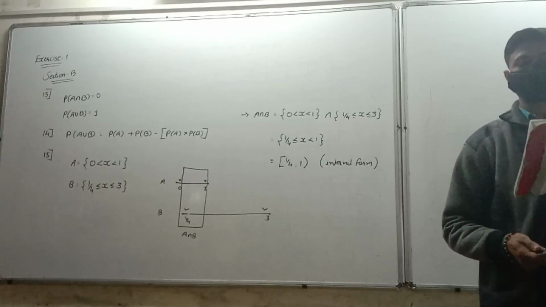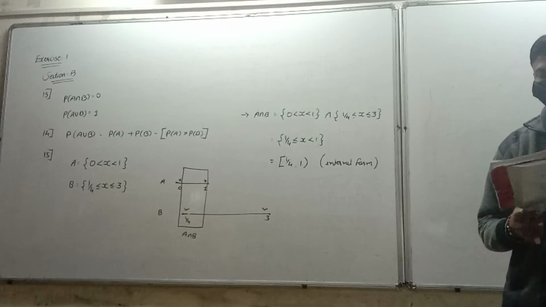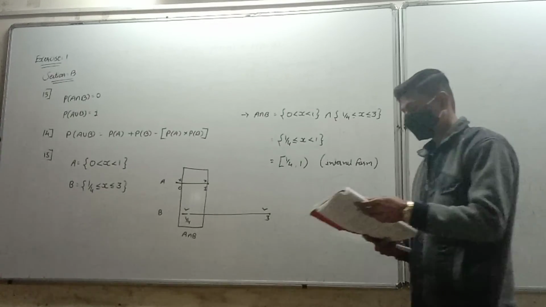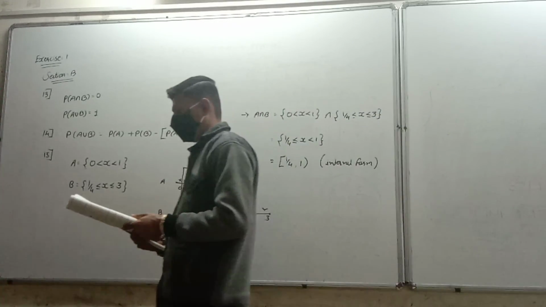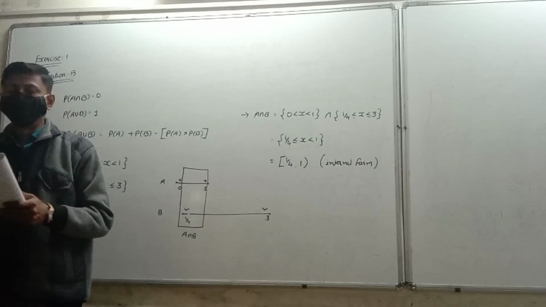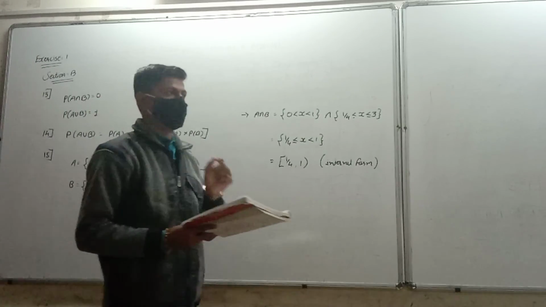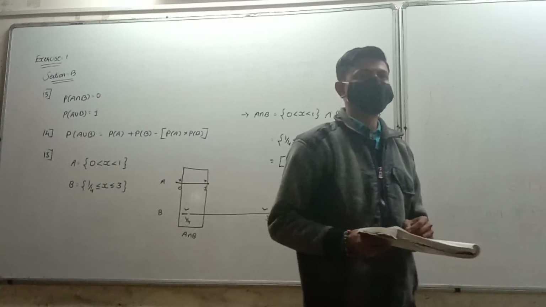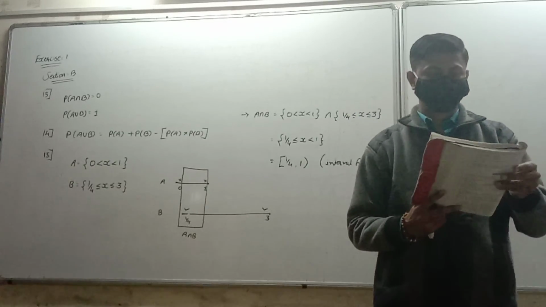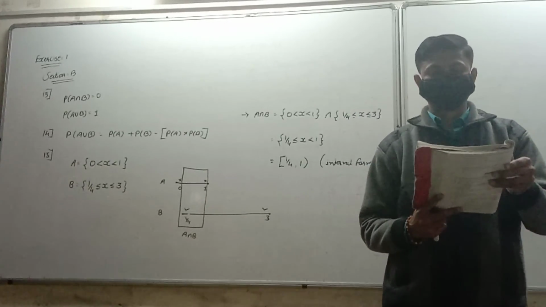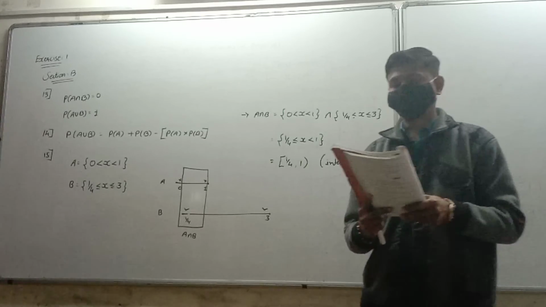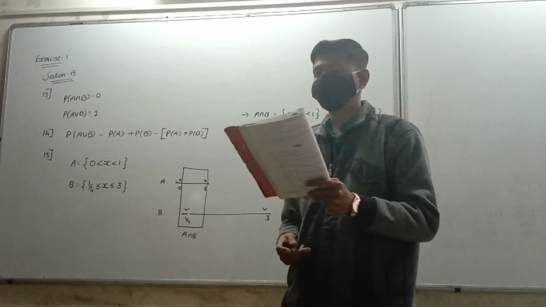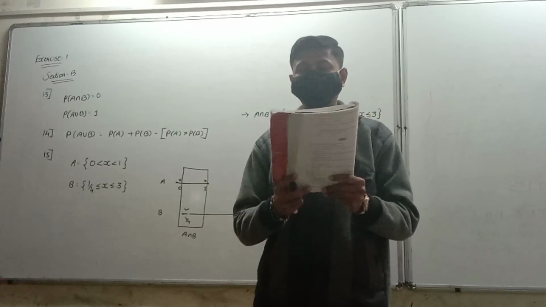Next, question number 16. For 2 independent events A and B, P of A is given 0.5 and P of B is 0.7.